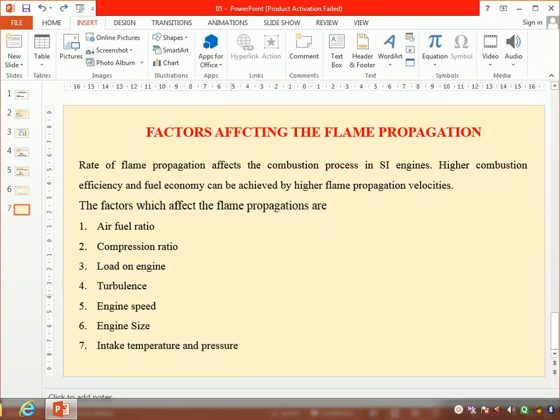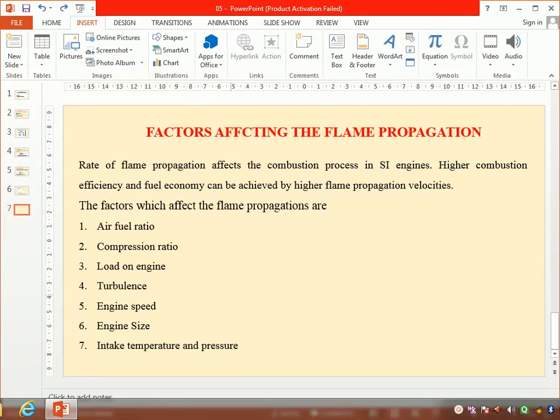If the air fuel ratio is rich, then the flame speed is higher. If the air fuel ratio is lean, then obviously the flame speed is lower, because with a lean mixture there is less fuel, and less fuel means the temperature is lower.